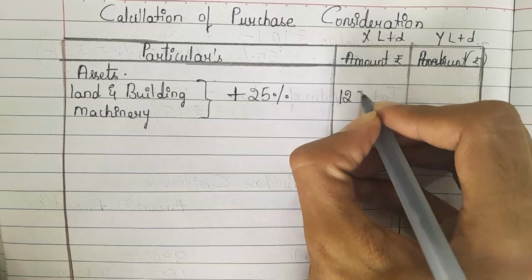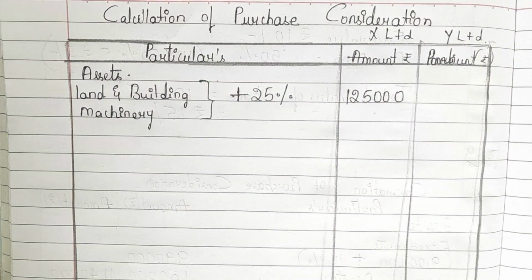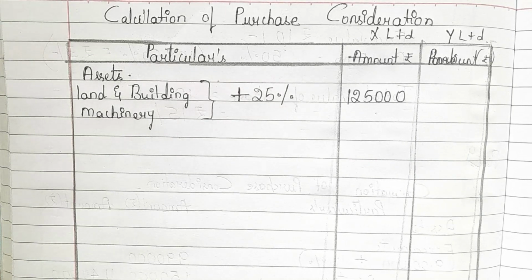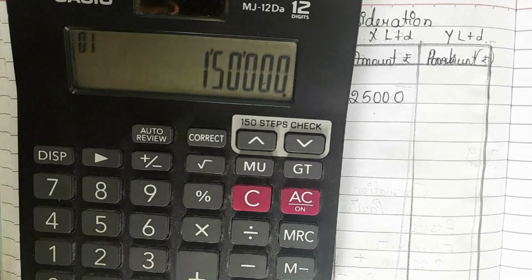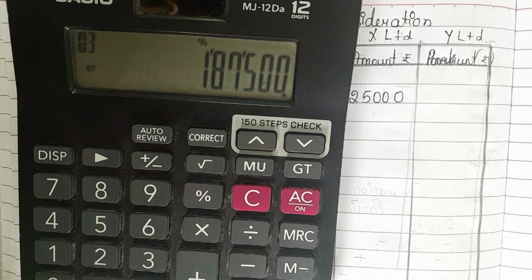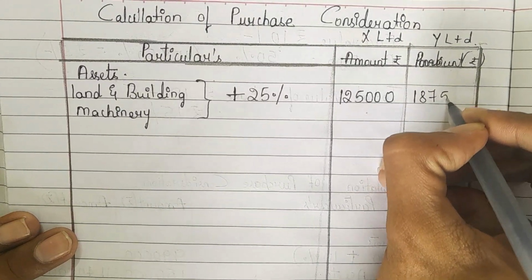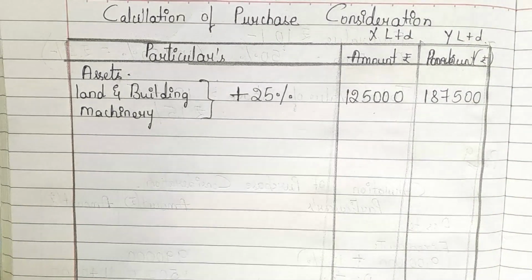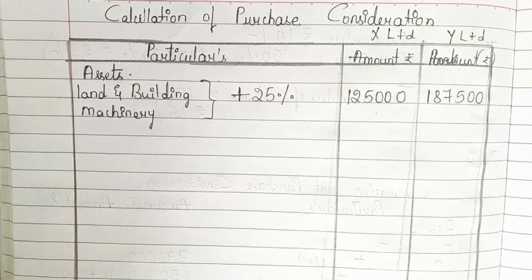That you need to write here, 1,25,000. Next, Y Limited company has land and buildings worth rupees 1,50,000. So 1,50,000 plus 25% will be 1,87,500. That you need to write here, 1,87,500.